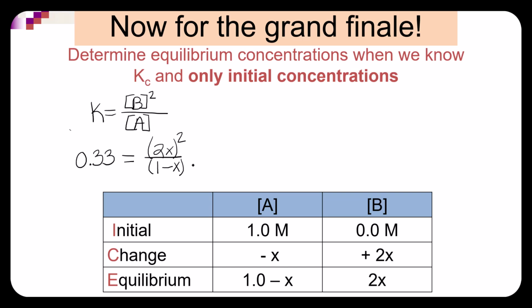I'm going to jump ahead to the next slide because I'm going to need a whole lot more room. All right, so here we are. 0.33 equals 2x squared on the top over 1 minus x. First thing I'm going to do is get this 1 minus x out of the bottom.